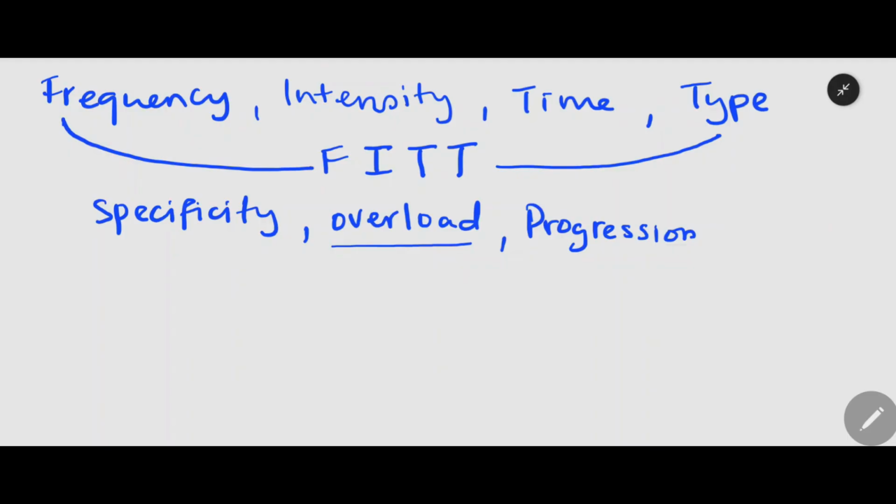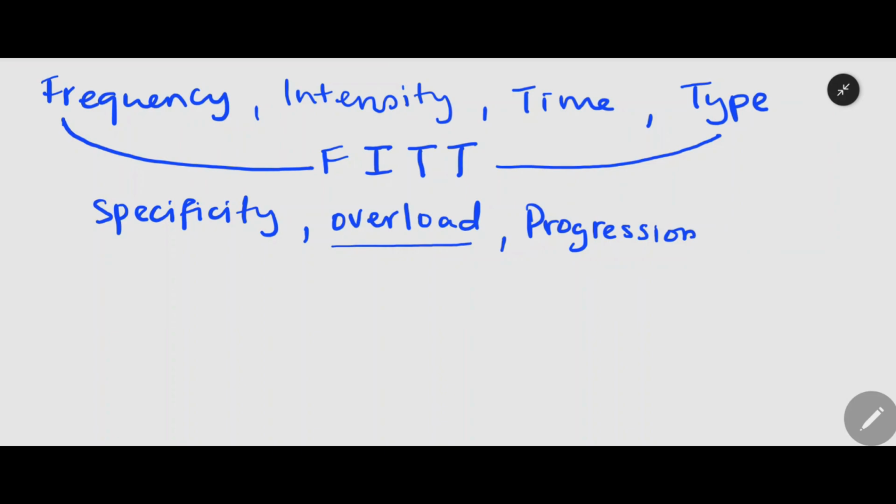is like a use it or lose it idea. So basically it means that if you stop training for a long period of time, or if you reduce training intensity or the amount of training you're doing for a long enough period of time, then your fitness begins to decline and your performance also drops.